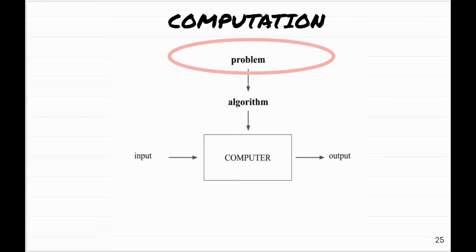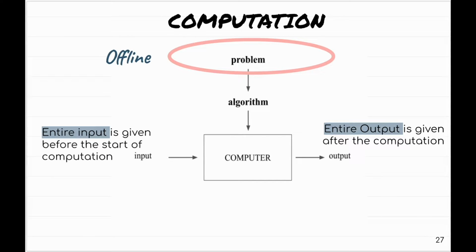The lecture for this afternoon is called online computation. It's a bit different compared to the problems we've introduced so far. So far, we've been dealing with problems called offline problems because before the start of the computation, or before our algorithm runs, we know the entire input in advance. And given the entire input, after our algorithm runs, the entire output is produced.